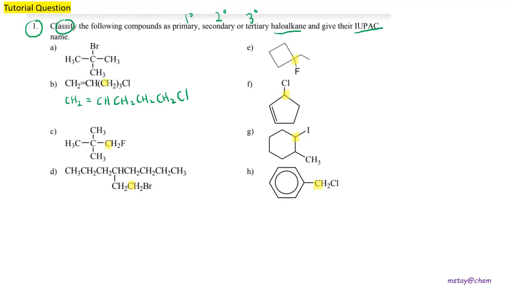Okay, so therefore the carbon that is bonded to the halogen is this carbon, which we need to highlight as yellow color. Okay, so now we classify the carbon first. Classify the haloalkane.